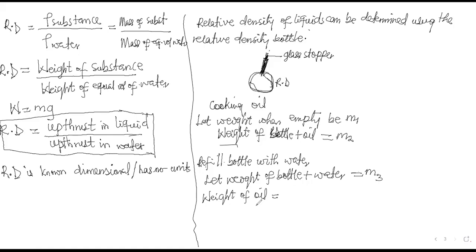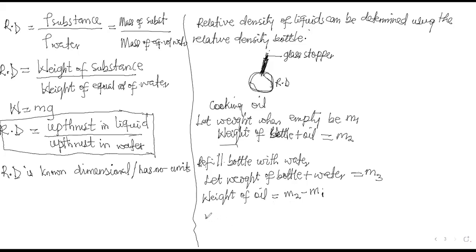The weight of the bottle plus the oil minus the weight of the empty bottle. Okay, thank you so much, Priscilla. So we have M2 minus M1: the weight of bottle plus oil M2, and the weight of the empty bottle M1. So M2 minus M1 would give us the weight of oil.